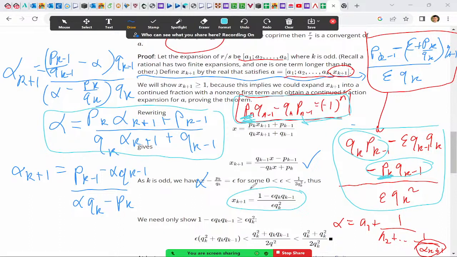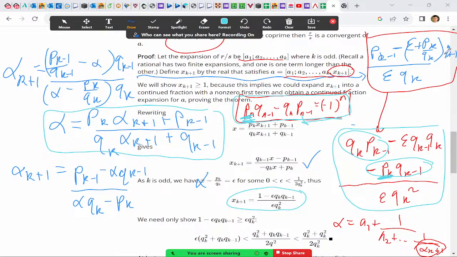Which one are you up to? This one? Yeah, I'm just trying to get the denominator. Oh, because we times qk on both top and bottom. Yeah. So then you get qk pk minus 1 qk minus epsilon qk minus 1. I got the top.